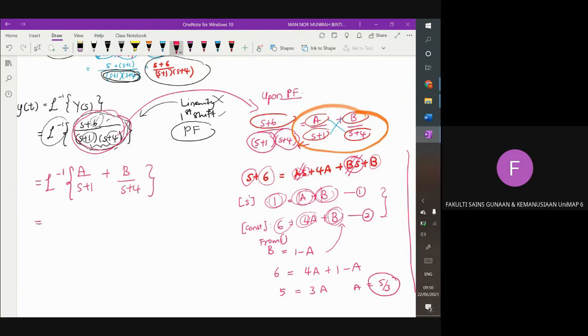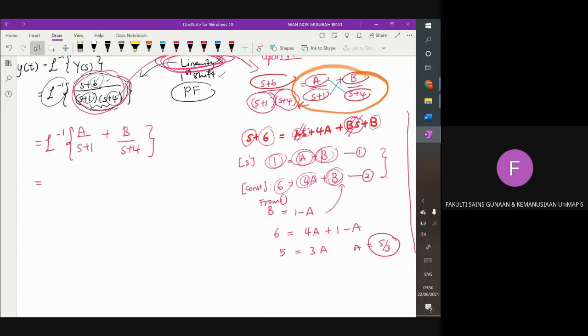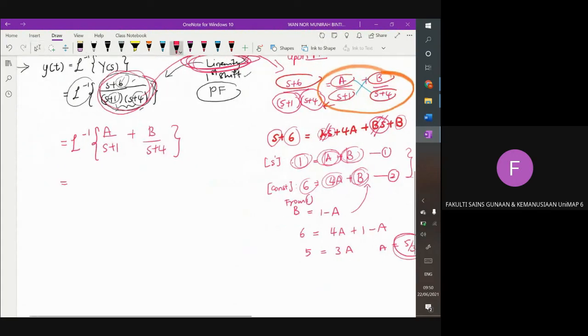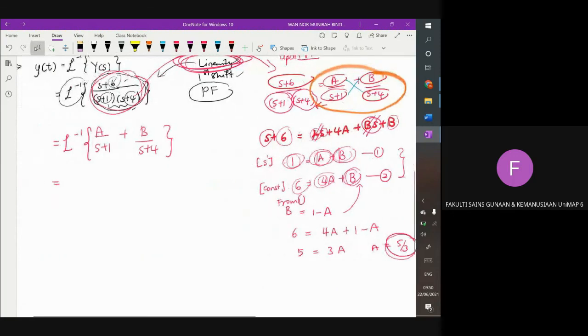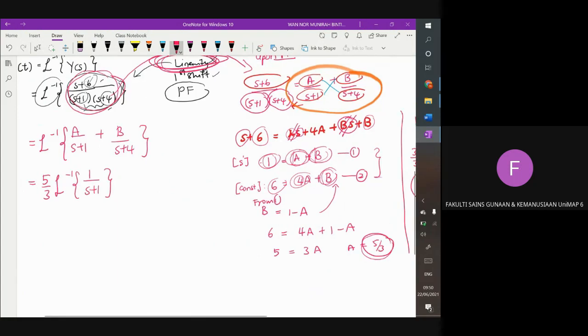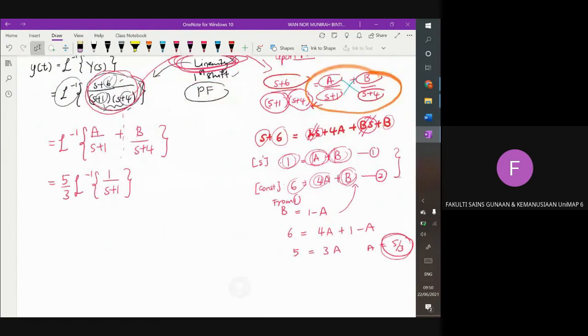And this time only I can apply the linearity property, because I can split it into 2. So then I have A, here A is a constant 5 over 3. So I have 5 over 3 Laplace inverse of 1 over s plus 1. So I split it into 2. So B, what is B? Negative 2 over 3. Oh, minus 2 over 3 Laplace inverse of 1 over s plus 4.